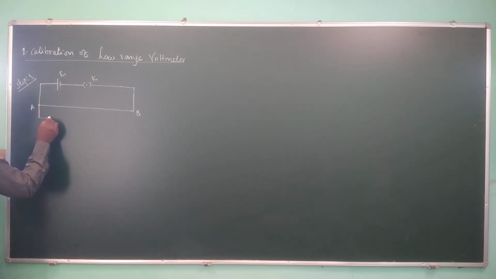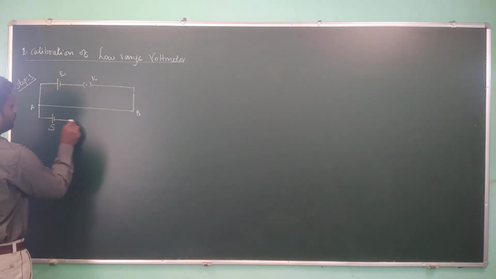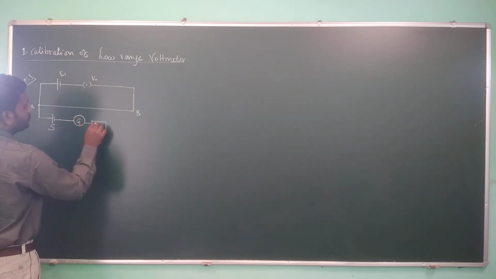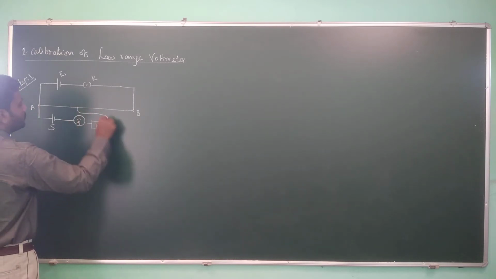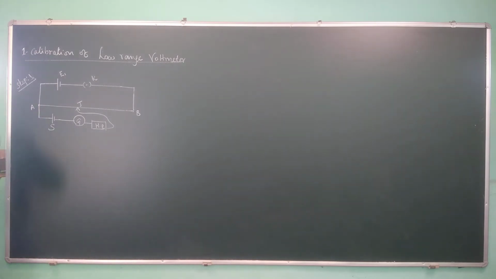Now we have to connect this with another standard cell, that is then connected to a galvanometer, then a high resistance, which is then connected to a sliding jockey, and this is the usual setup. Now for a given value of standard resistance, we have to move the sliding jockey from A to B, and identify where a null reading is shown in the galvanometer, and that reading should be noted down.